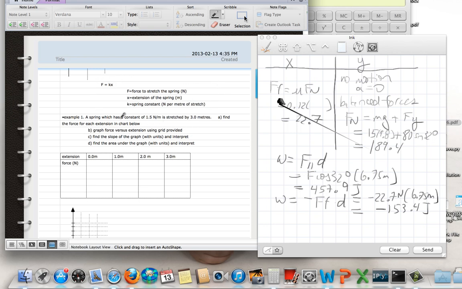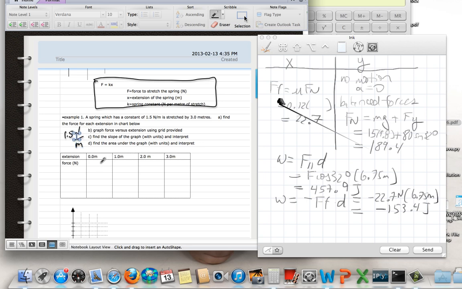Let's imagine we had a spring with a 1.5 newton per meter spring constant. Now that means for each meter of stretch, another 1.5 newtons is required. Or conversely, if we apply another 1.5 newtons, then it will stretch another meter further.